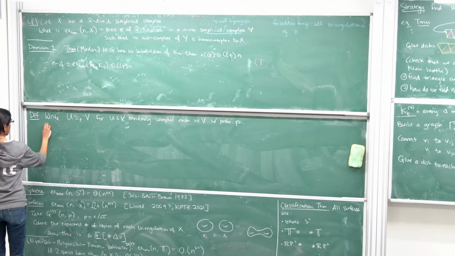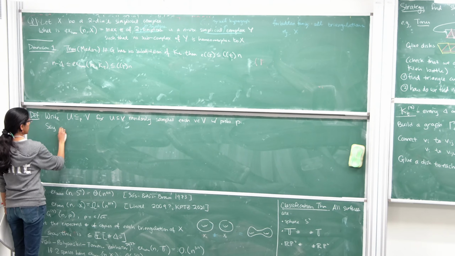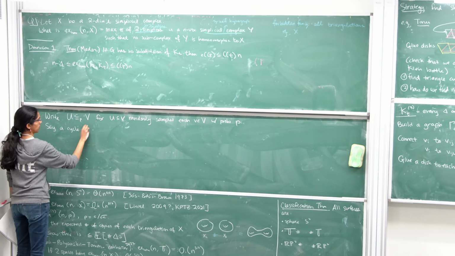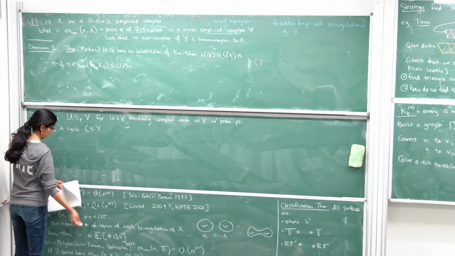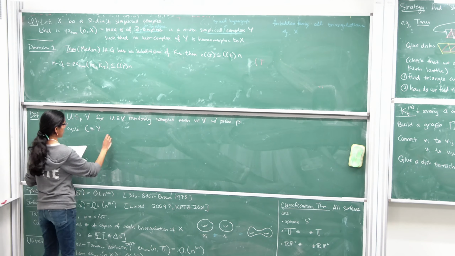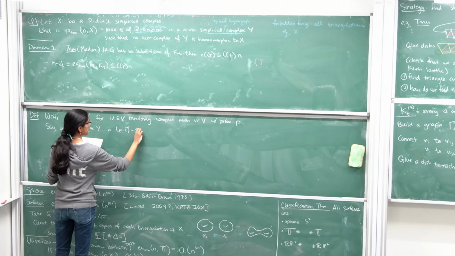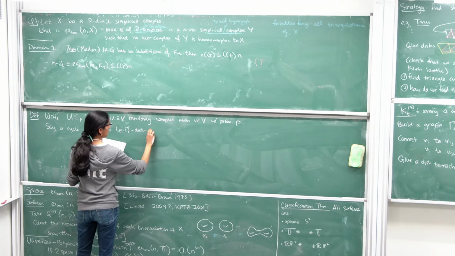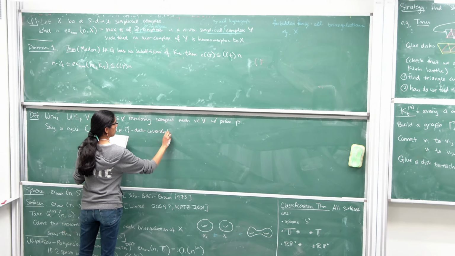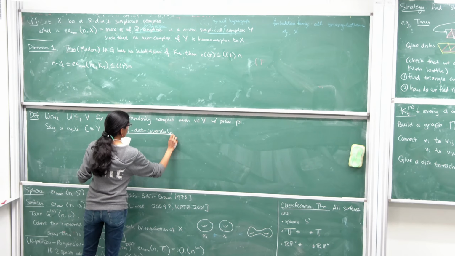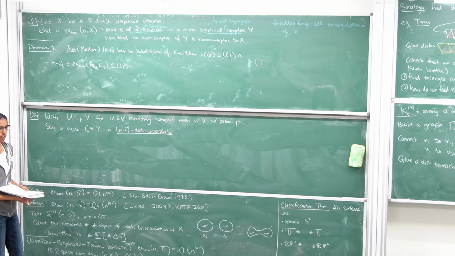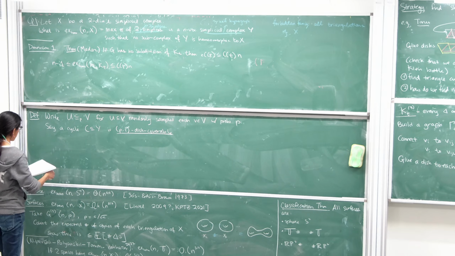And I say a cycle C of Y is (p, epsilon) disk coverable if there are many disks that have that boundary.